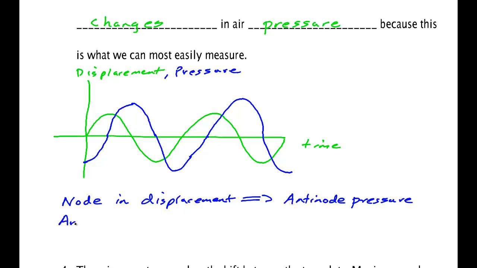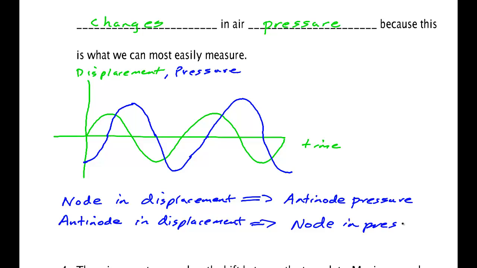And an antinode in displacement will correspond to a node in pressure. So they're directly related. So measuring the blue curve is the same in a way as measuring the green curve, the displacement of air molecules, which we can't do easily.